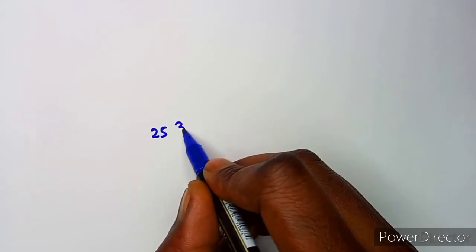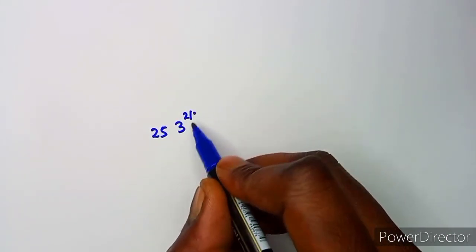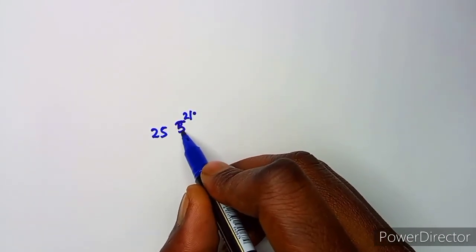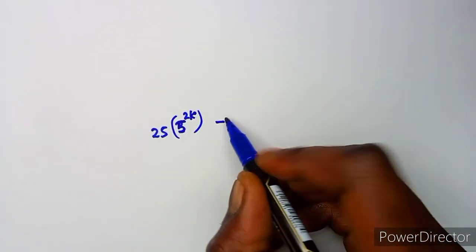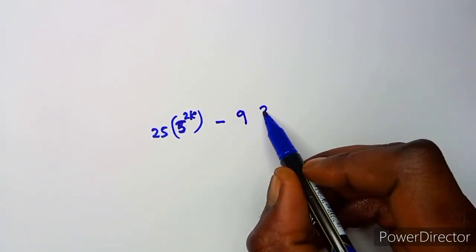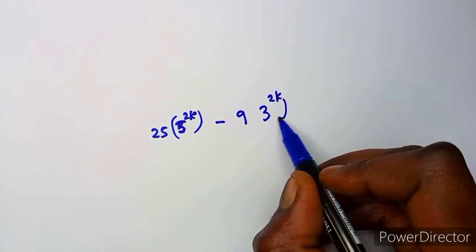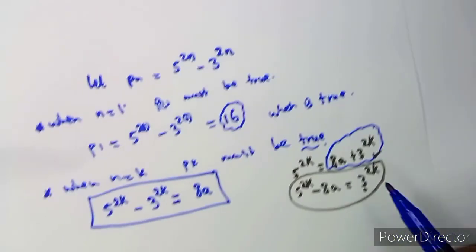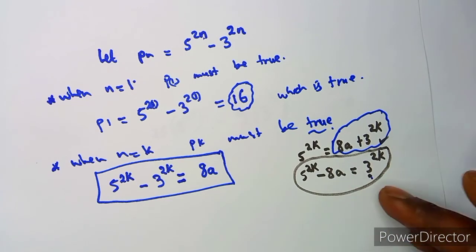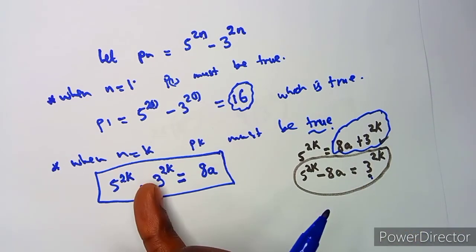We had 25 into 3 to the exponent of 2k, so that is 5 to the exponent of 2k minus 9 times 3 to the exponent of 2k. I'm just saying, if we had substituted 3 to the exponent of 2k, maybe this is what you wanted to do. You wanted to avoid a negative on this one.